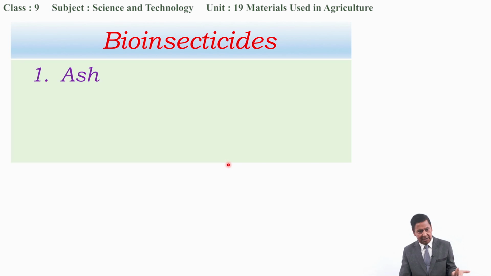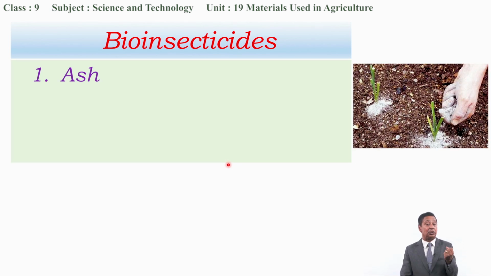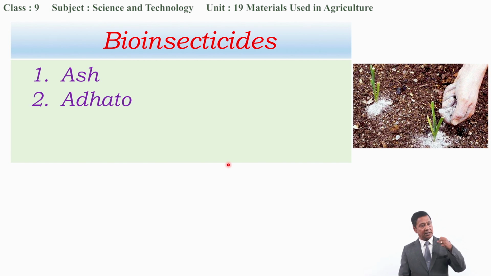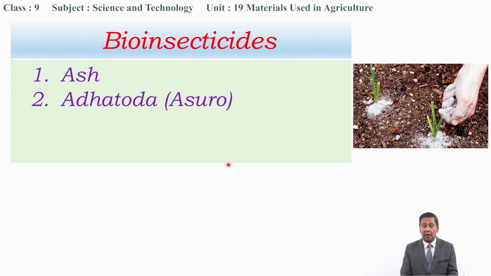Bioinsecticide that can be used in the field to control harmful insects may be adatoda, which means osuro. Osuro can also be used in the field just before the farming of potato. We can use osuro in the soil and that controls different harmful insects contained in the soil.